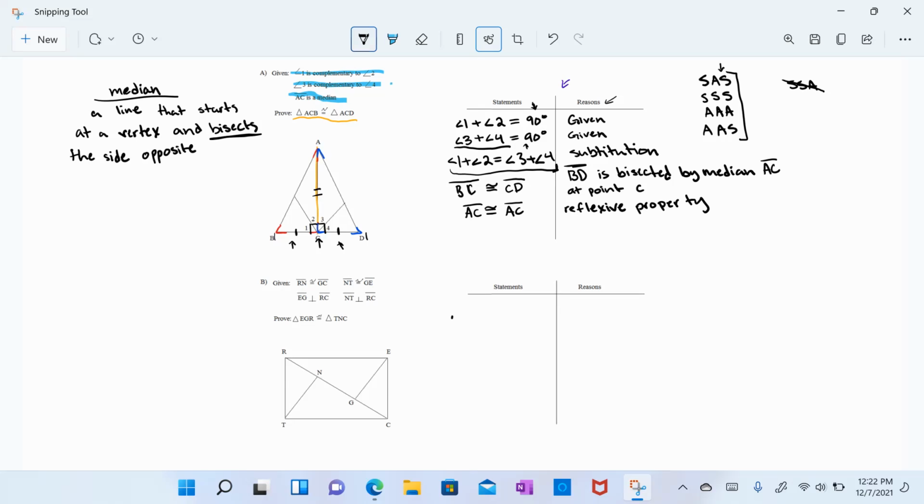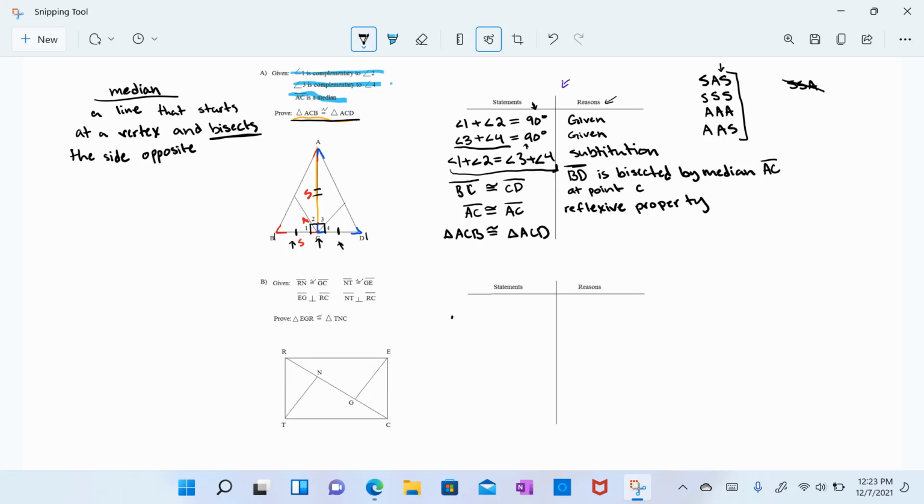So now that we have that, let's just make sure that we have our side, angle, side. So we have a side here, an angle here, and a side here. So we have our postulate, which means the last statement we're going to make, if you can guess, is going to be this one, what we're trying to prove. So that's going to be triangle ACB is congruent to triangle ACD.